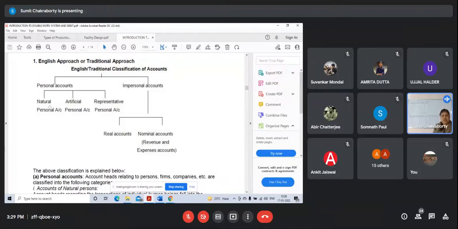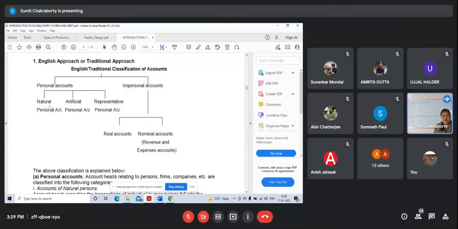Okay, representative personal account. Representative personal account is a natural personal account, but it's not for a single person or two persons like in a joint account. No, it's not like that. It's for a group of real persons, like the salary account.